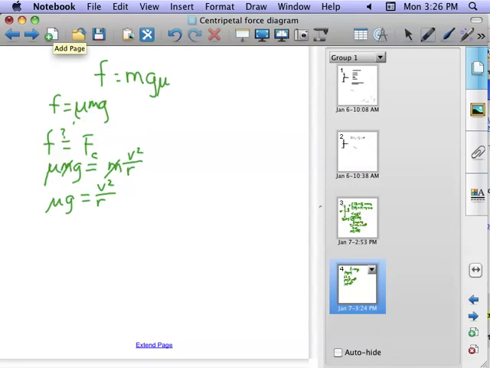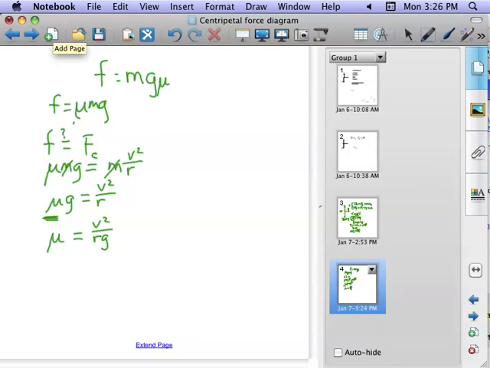Now, if mu, right here, is sufficient to hold us on the road, that will be a characteristic of the road. And if you find this to be true, it would be v squared over rg.